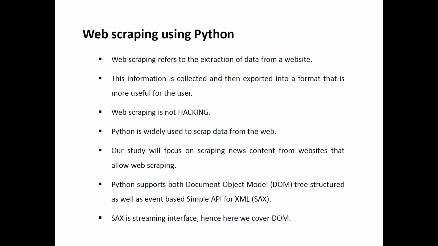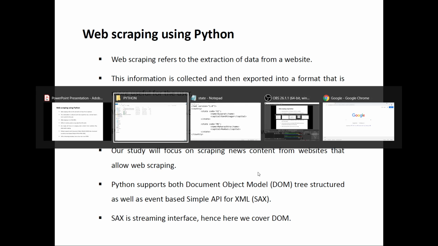But anyway, Python supports both the document object model, which is tree structured, as well as an event-based simple API for XML. Now, what is this DOM? A document object or a tree structure?